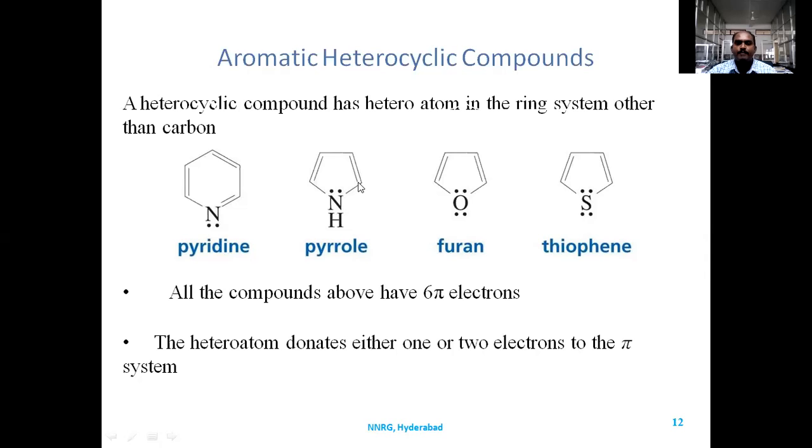Each carbon atom has 1 pi electron, and nitrogen is contributing a pair of electrons, 2 electrons, such that 4 carbons give 4 electrons, and nitrogen donates 2 electrons, contributing 6 electrons in its pi system. Similarly, in furan also, 4 carbons plus 2 electrons from oxygen are involved in the pi system. In thiophene also, 4 carbons and 2 electrons from sulfur contribute to the pi system. So these heteroatoms may donate 1 electron like pyridine, or 2 electrons like pyrrole, furan, or thiophene, to the pi system.